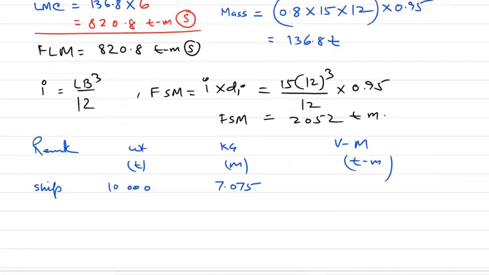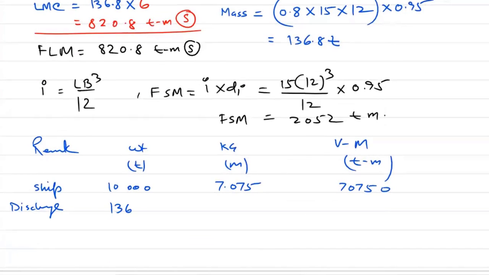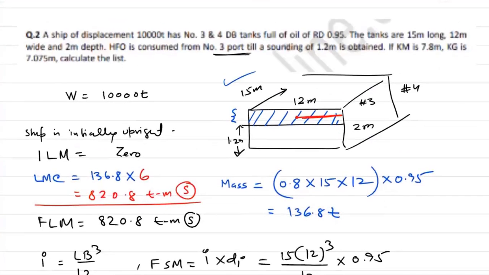So what is the vertical moment? 70750. Okay. Deballast? No. Bunker discharge, yes. How much? 136.8 minus. And how much is the discharge? Suppose this is keel. So what is this distance? The distance is 0.8, sir, 1.6.